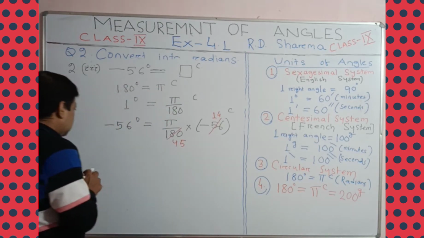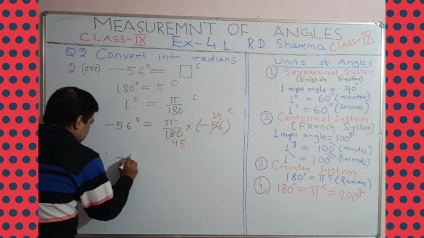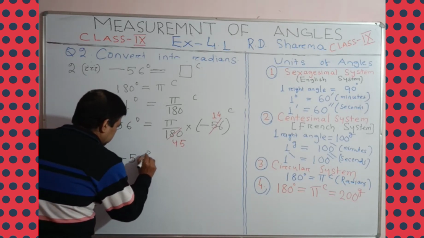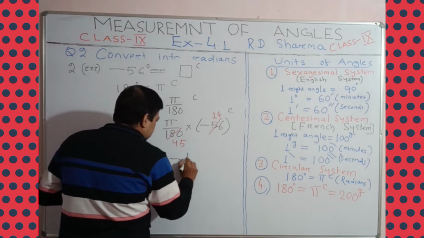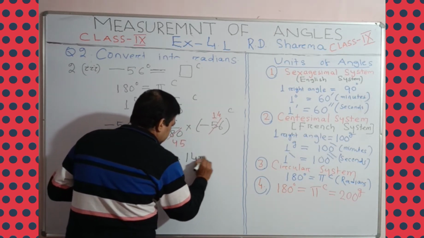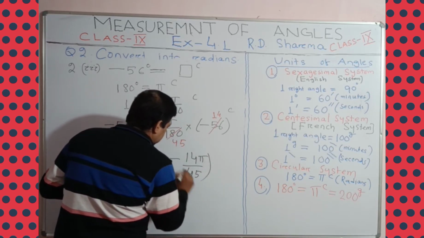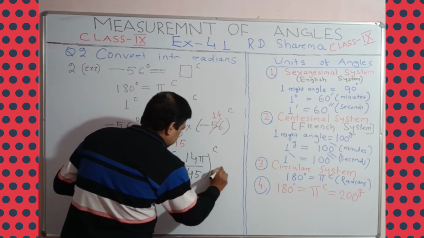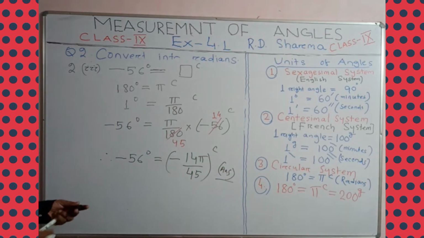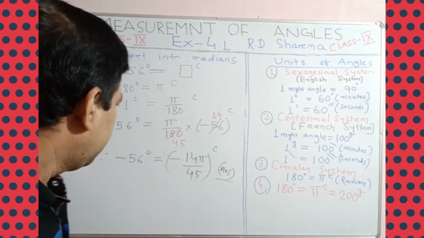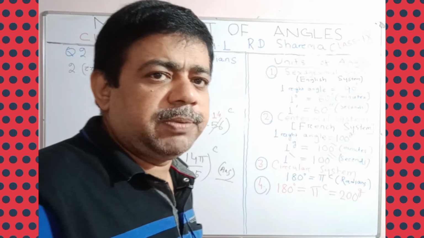Understand? Hence we got minus 56 degree is equal to minus, here is 14, here is pi. So 14 multiplied by pi is 14 pi divided by 45 radian. So minus 56 degree is equal to minus 14 pi divided by 45 radian.